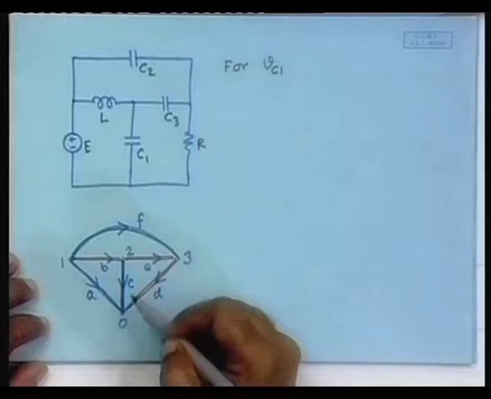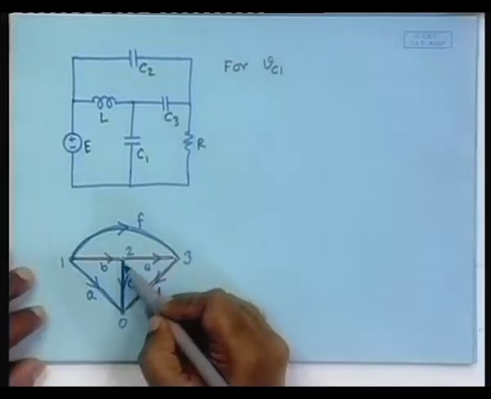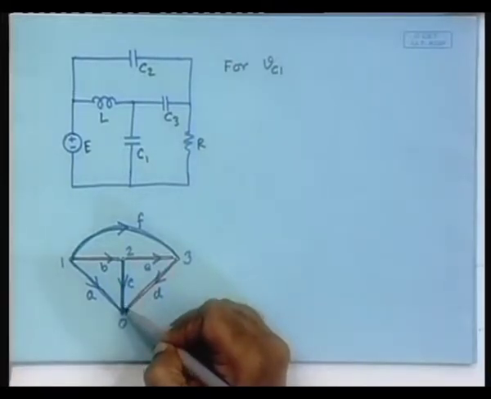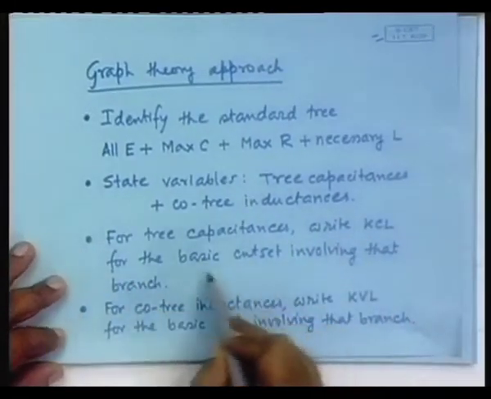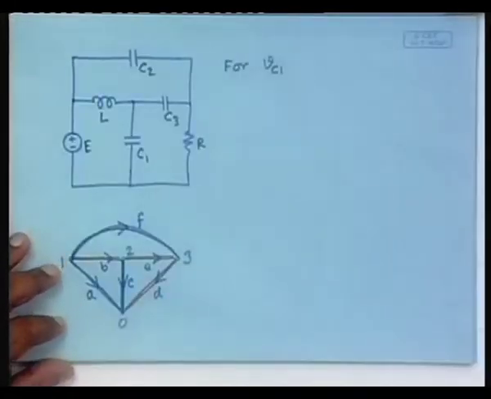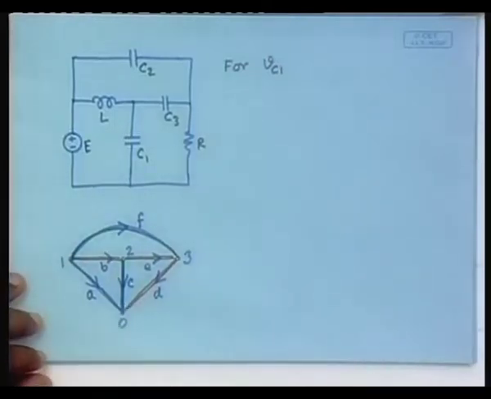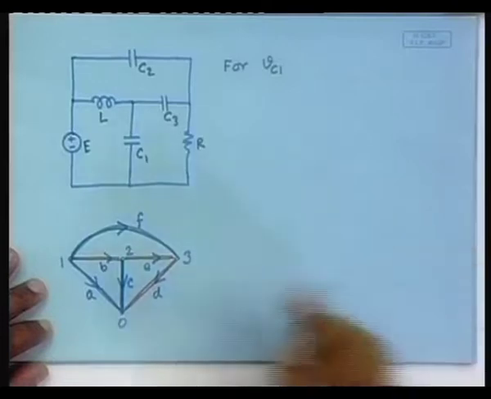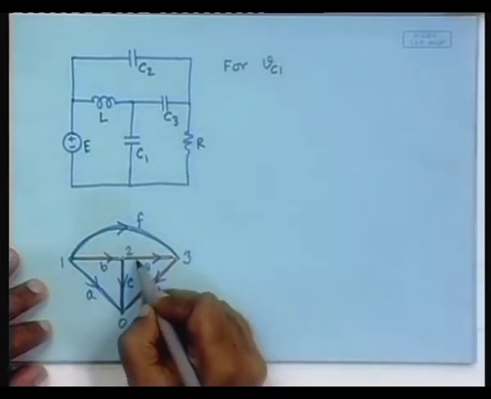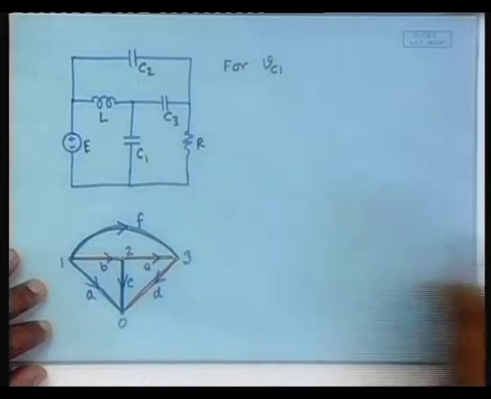Then C1 is here. I have to identify the KCL equation with the basic cut set. Okay. So, we have to identify the basic cut set that includes this. Where is it? Here. Okay. So, this is the basic cut set.